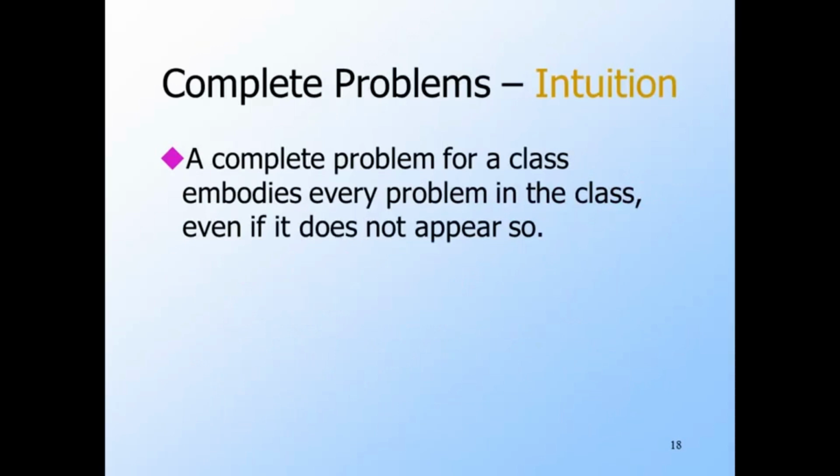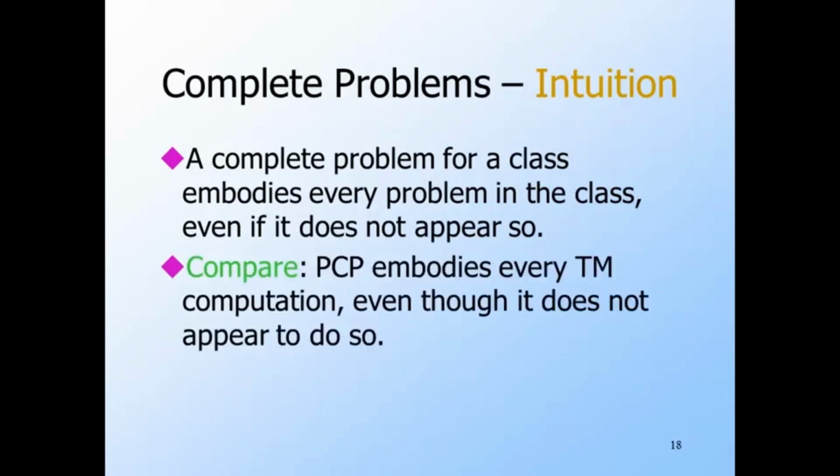Intuitively, a complete problem for a class embodies, in some sense, every problem in the class. For example, the post-correspondence problem embodies every Turing machine, even though it is hard to see PCP as involving computation. It seems to be about concatenating strings in constrained ways.